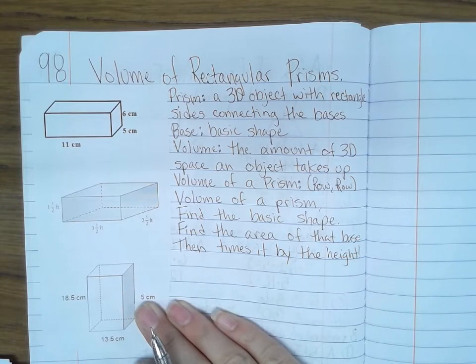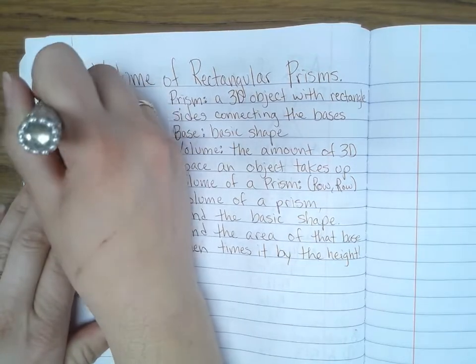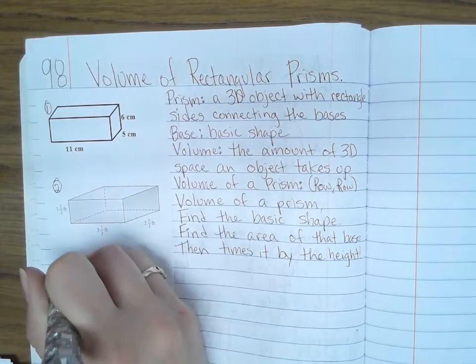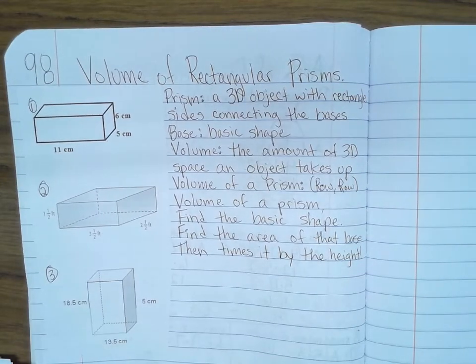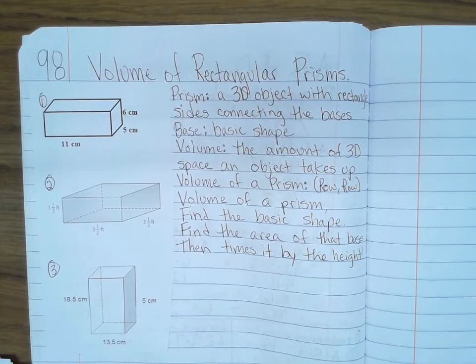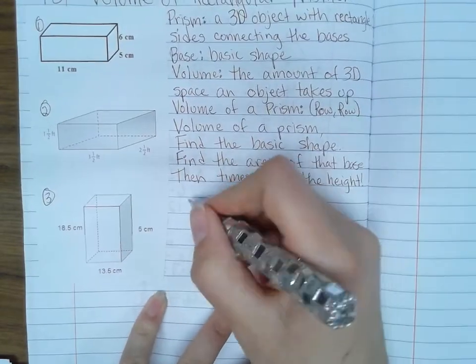So this works for all prisms. I'm going to label this one prism number 1, prism number 2, and prism number 3. When I refer to these, I'm referring to these shapes that you have glued in your notebook.